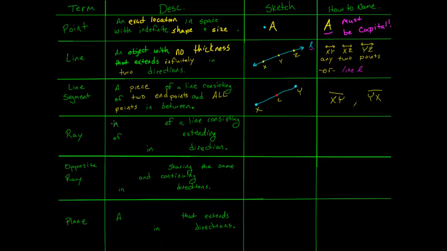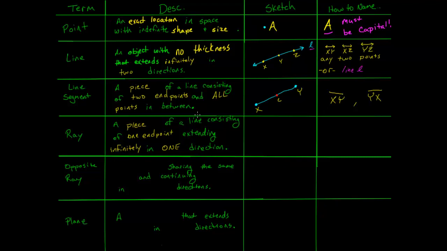So now let's look at the ray, and let's look at a description of a ray. A ray is a piece of a line consisting of 1 endpoint, extending infinitely in one direction.